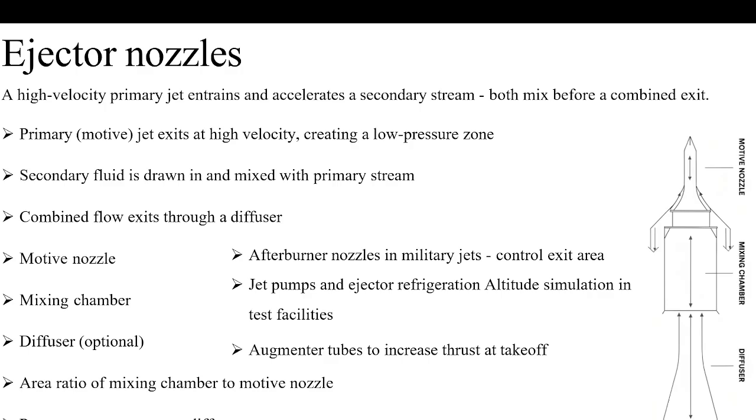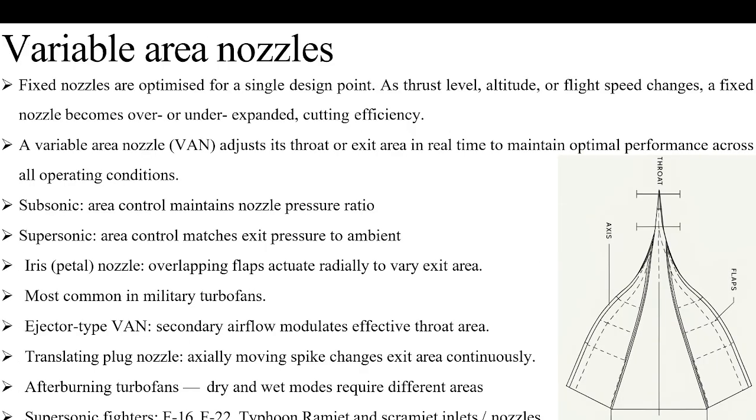Okay, moving further. As we were talking about the nozzle which is overly expanded, if you observe the image, we have the nozzle which is drastically expanded. These kinds of nozzles are called variable area nozzles. When you talk about this variable area, the area can be varied based on the operation.